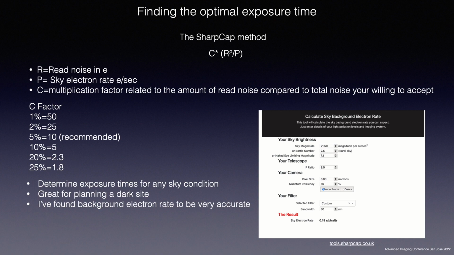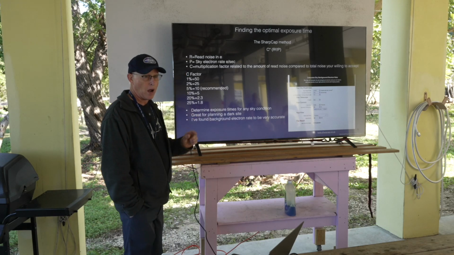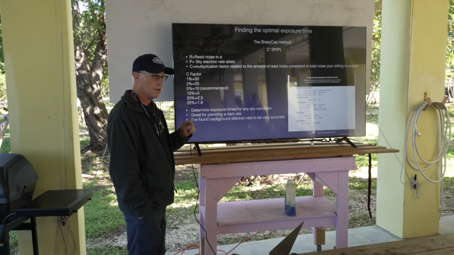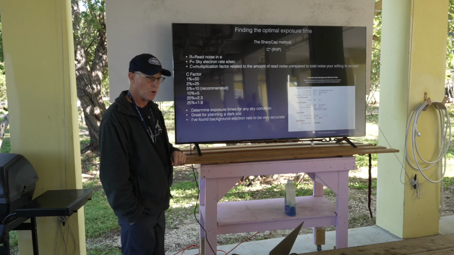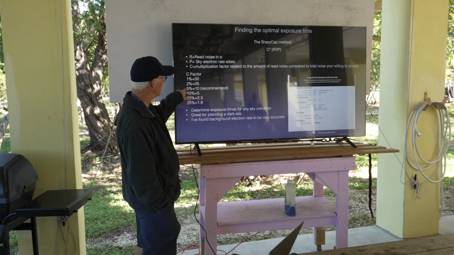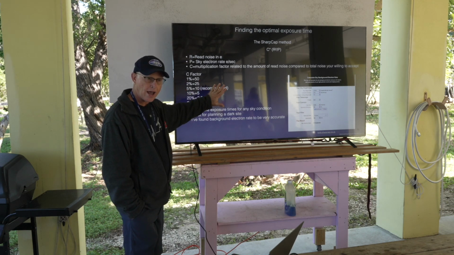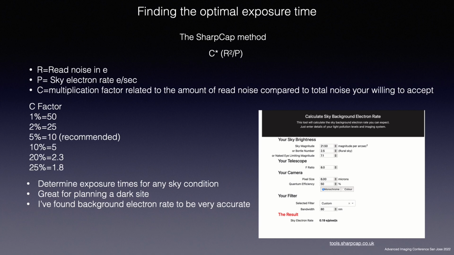C is just a multiplication factor, and what C means is how much noise I am willing to have in a single sub-exposure compared to the total noise of my system. The recommended value is 5%. That was the last non-grainy image I showed you, when it got less and less grainy, that nice smooth one.